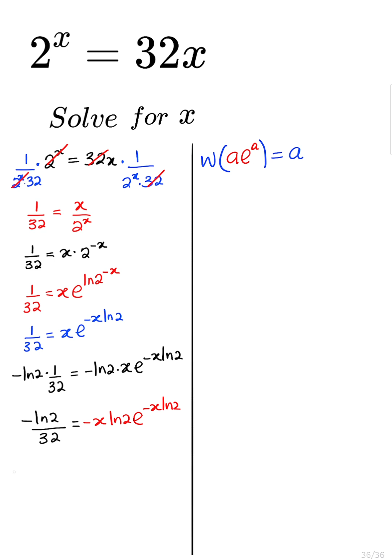So here we have W of negative ln 2 all over 32 equals the Lambert W function of negative x ln 2 times e raised to negative x ln 2.